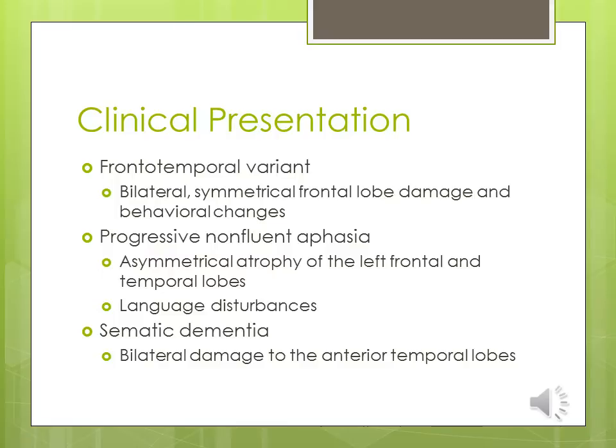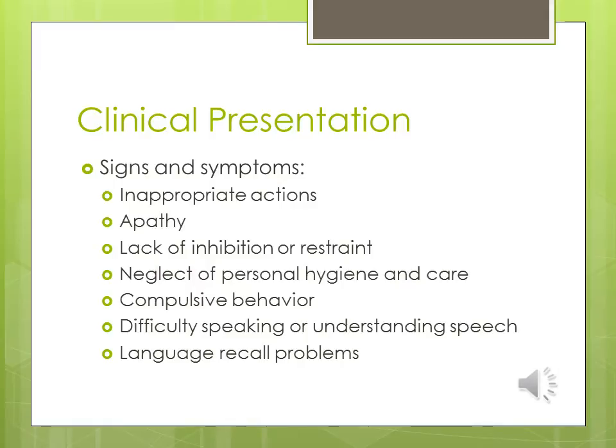And then for semantic dementia, there is bilateral damage to the anterior temporal lobes. Some signs and symptoms that you will see with a patient with this condition are inappropriate actions, as well as apathy, a lack of inhibition or restraint, neglect of personal hygiene and care. They often have compulsive behavior, difficulty speaking or understanding speech, and they also have language recall problems.